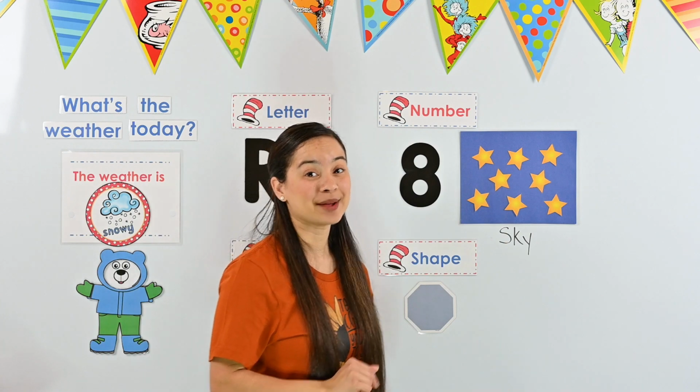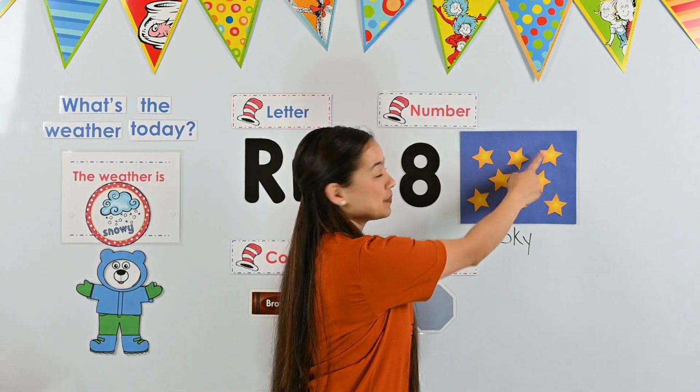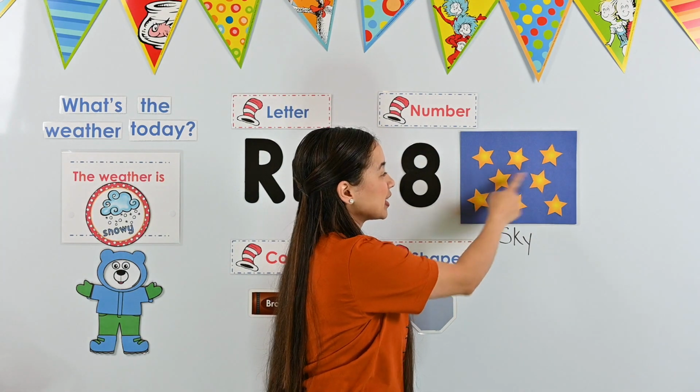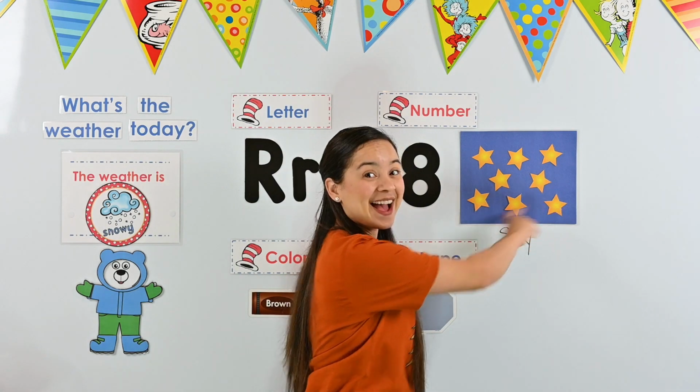I heard the number 8. That means I need to stop. Okay, let's count one more time just to make sure we have 8. 1, 2, 3, 4, 5, 6, 7, 8. Hey, we have 8 stars in the sky.